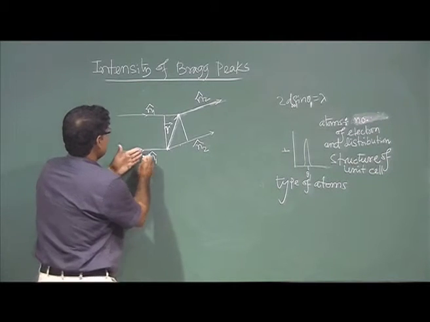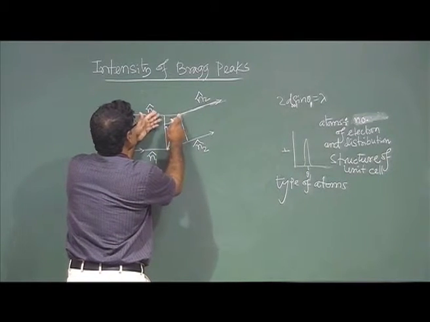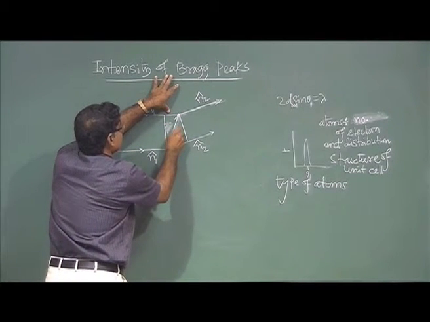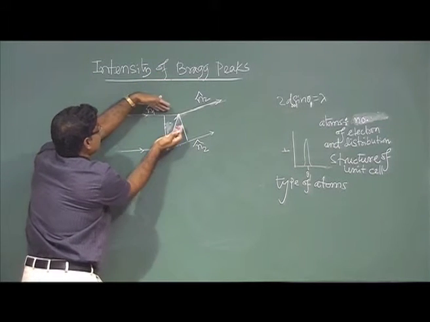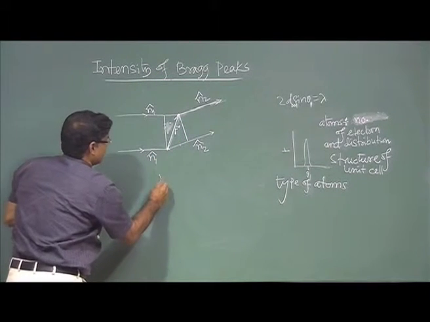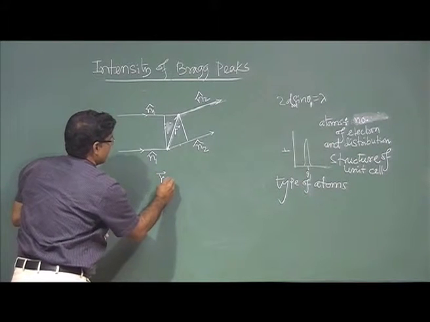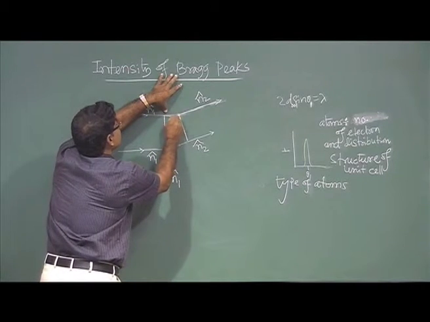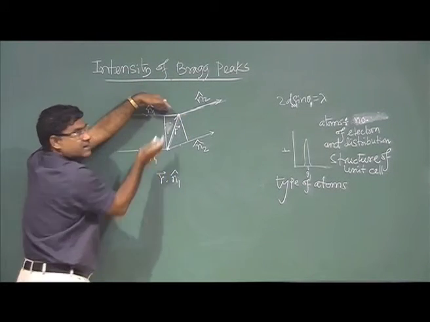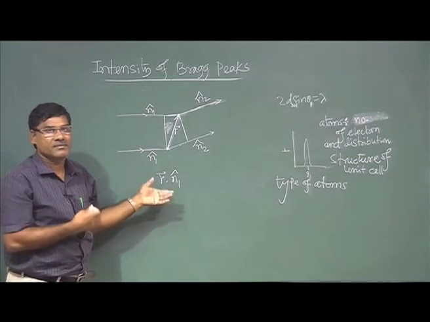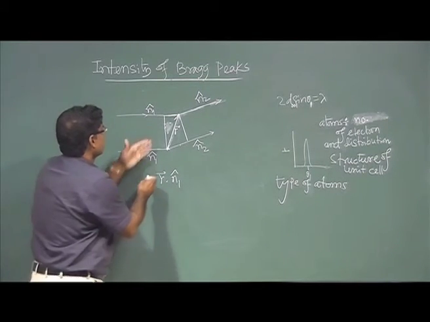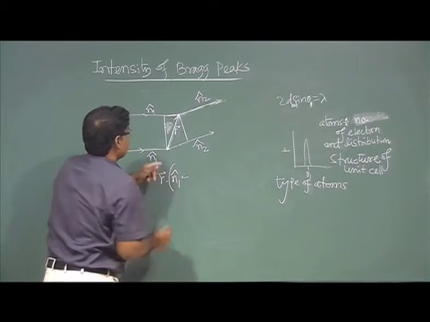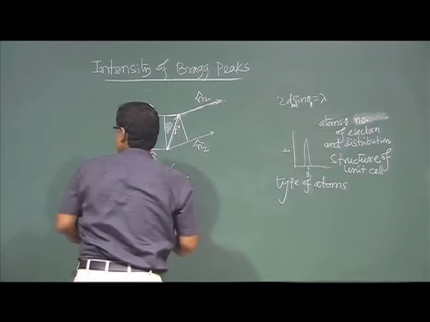If it is the unit vector in this direction, and r is the distance, then r dot n1 gives the projection of r on this direction, as we discussed earlier, minus r dot n2.